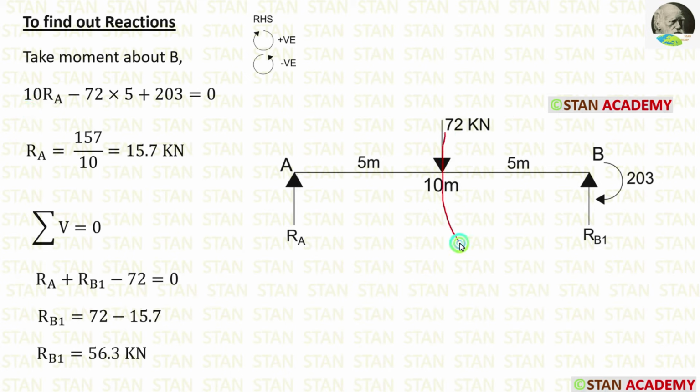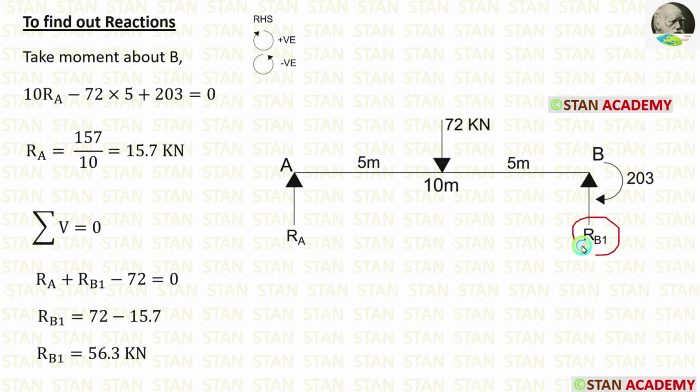The point load is acting towards the point B in the anti-clockwise direction, so it will be negative and the distance is 5 meter, so minus 72 into 5. The moment is acting in the clockwise direction, so it will be positive. Finally, we are getting RA is equal to 15.7 kilonewton.